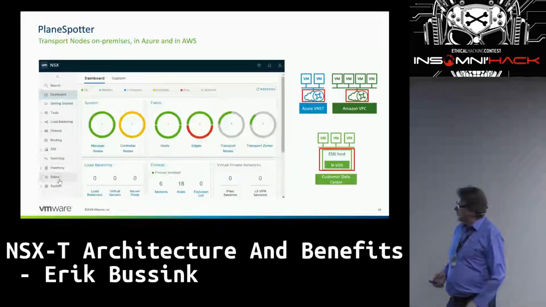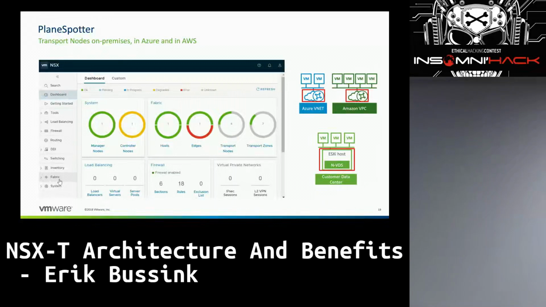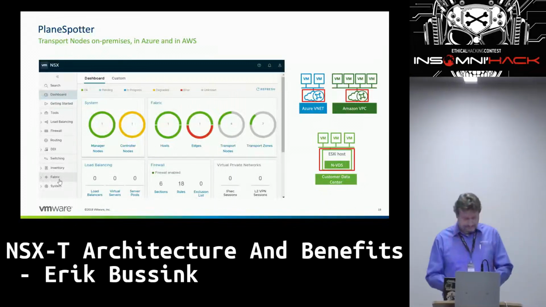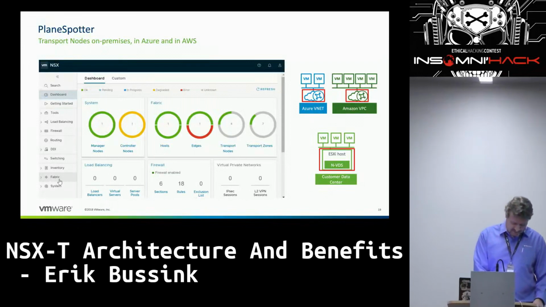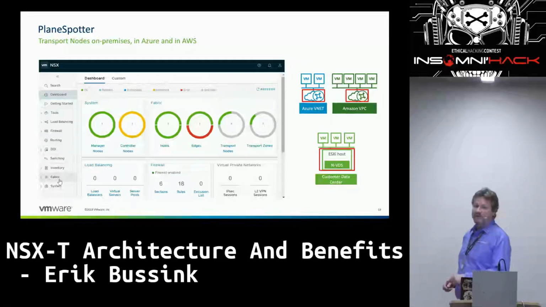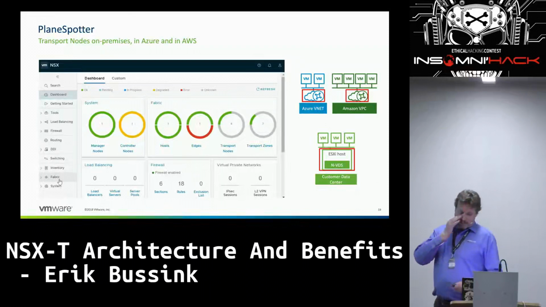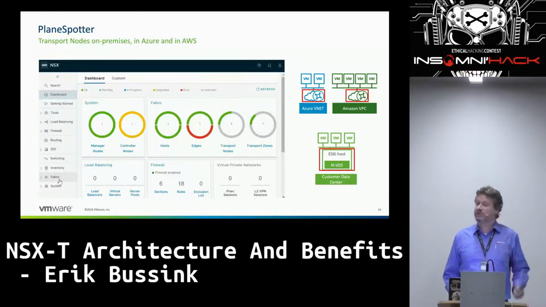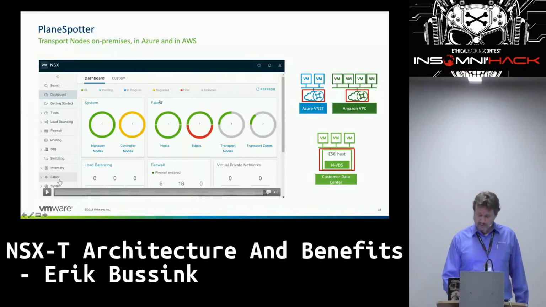So let's start by looking at the deployment. What we have here is the graphical interface of NSX. This is not the latest version, it's the previous one. So we have the manager nodes, the controllers, which are our control plane, the hosts, the edges.